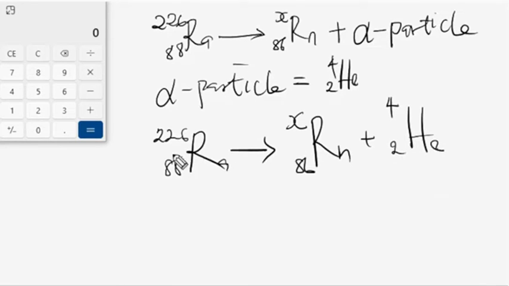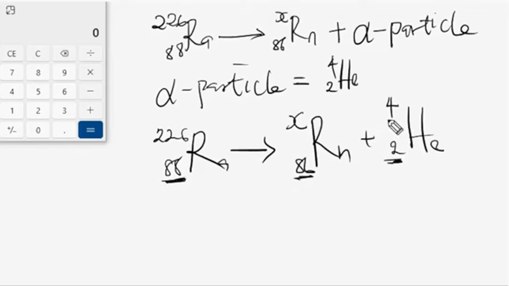If you check the subscripts here, you see that 88 is going to be 86 plus 2. So this 2 plus 86 will give you 88.